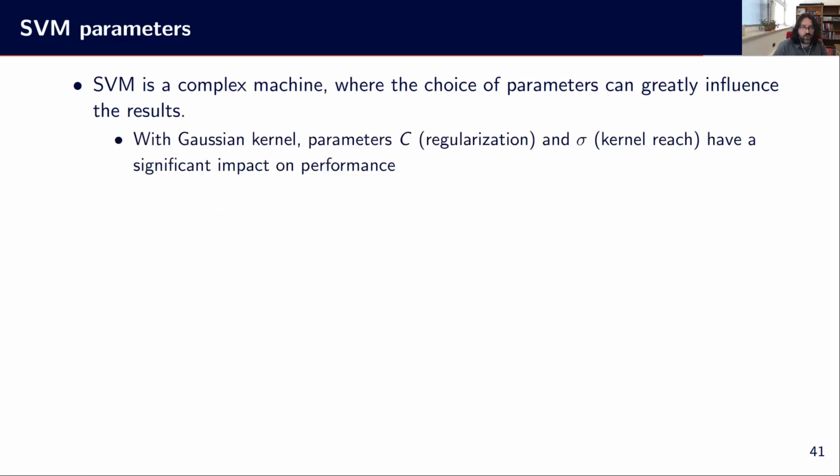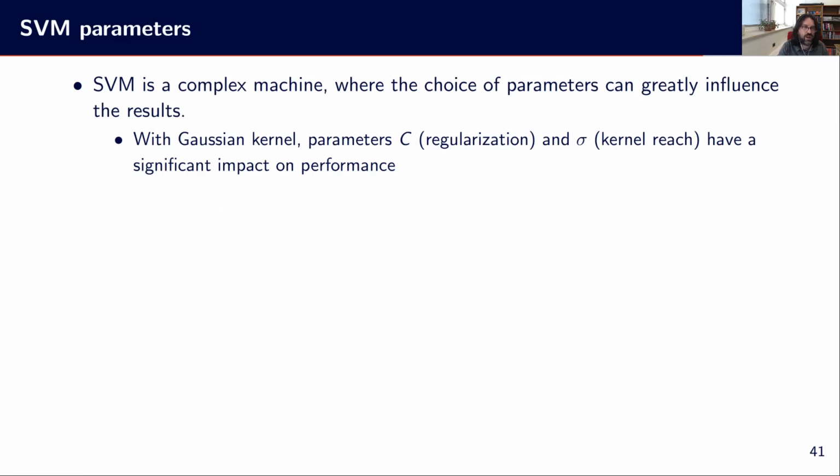For instance, with a Gaussian kernel, adjusting the parameter C, the regularization that controls the amount of soft margins for data with a non-zero slack, and the sigma, which is the kernel reach for the Gaussian kernel, have a significant impact on performance. And these two are tied. When we change the sigma, the proper C will change, and likewise with a different C, different sigmas work.